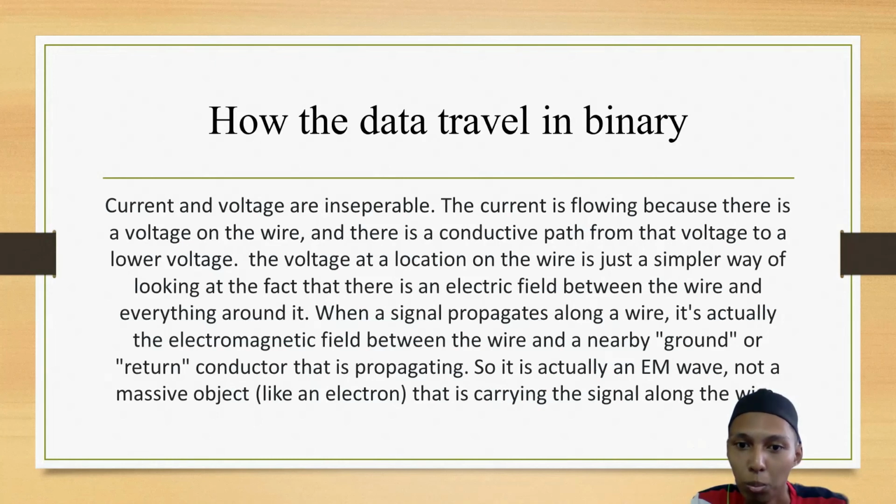When a signal propagates along a wire, it's actually the electromagnetic field between the wire and nearby ground or return conductor that is propagating. So it is actually an EM wave, not a massive object like an electron, that is carrying the signal along the wire.